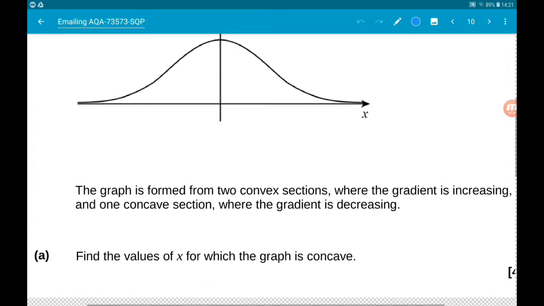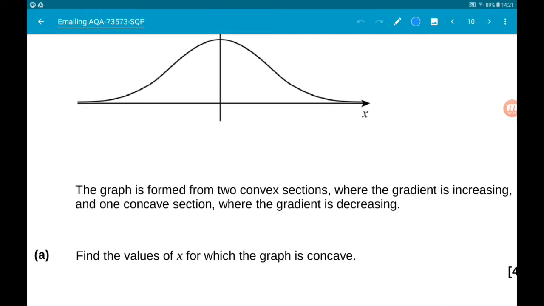Part A wants us to find the values of x for which the graph is concave. So we want the region on the graph where the gradient is decreasing.